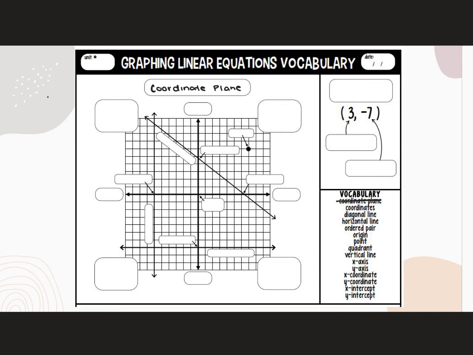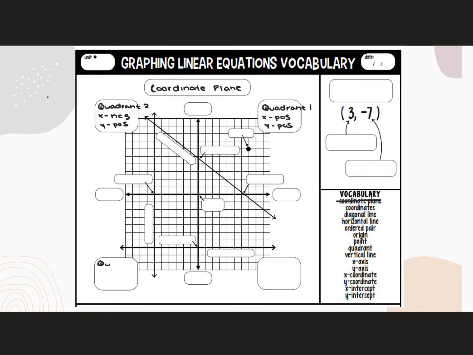The next piece that we are going to look at are the quadrants. There are 4 quadrants going counterclockwise. So you have quadrant 1, where your x is positive and your y is positive as well. Then you have quadrant 2, where your x is negative and your y is positive.